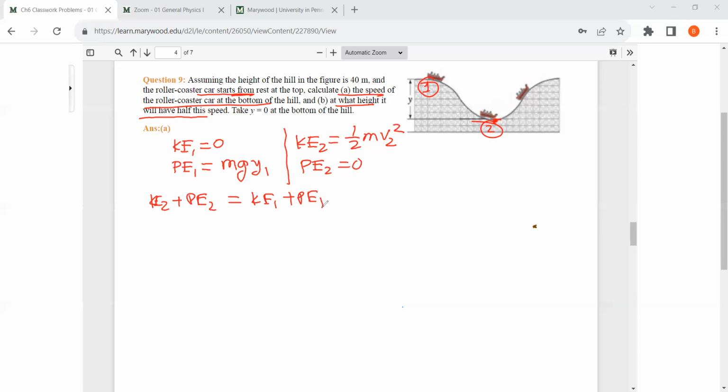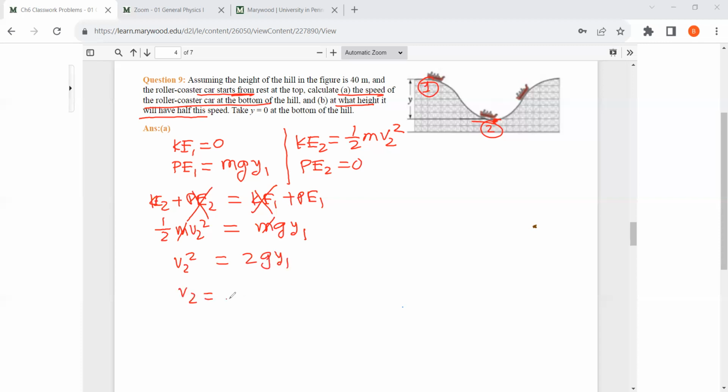So PE2 is equal to 0, KE1 equal to 0. So the equation is very simple now. Half mv2 square equal to mgy1, and m cancels out. So v2 square is 2gy1.